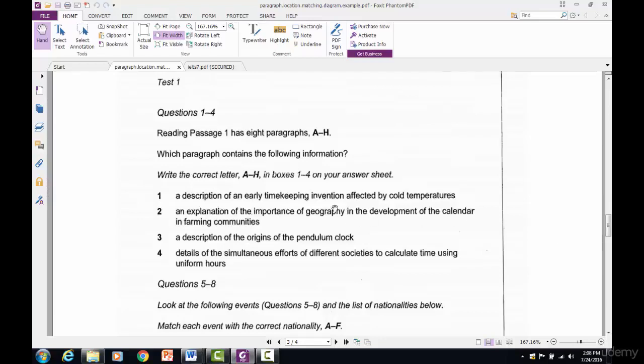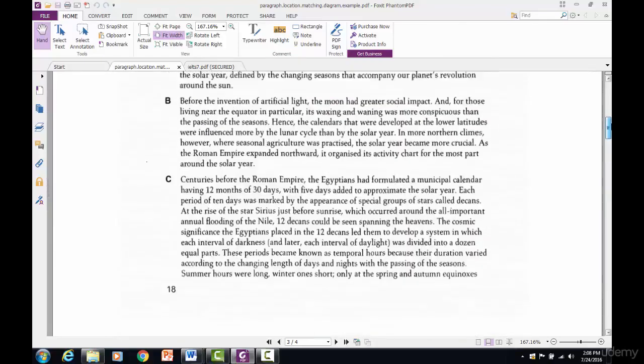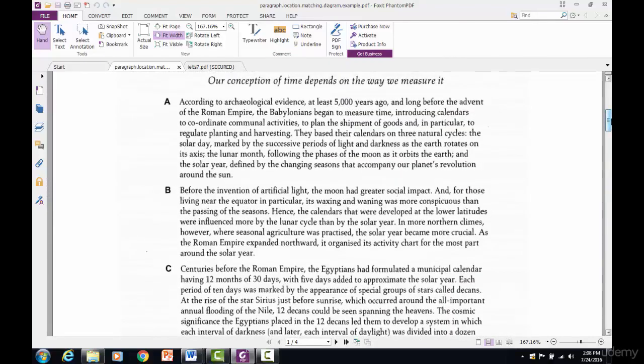All right, so now let's go to the first page and see if I can find something about geography, a calendar, and farming. I'm looking for a paragraph that mentions geography, calendar, and farming. I'm here in paragraph A. Okay, here we are, paragraph B. Right here we see the word calendar. I'm in the third sentence.